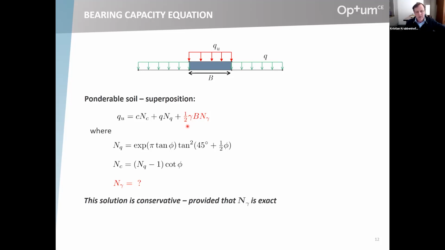The 1/2 is a kind of historical coincidence, and then there is the N_gamma, the third bearing capacity factor, which then should be determined. So this is the superposition principle, and it can be shown that this leads to a conservative estimate of the bearing capacity, provided, and that's very important, that N_gamma is exact.